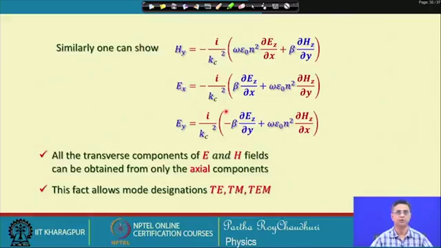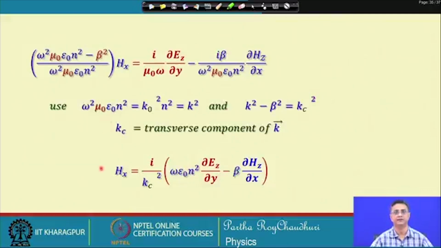Now, one interesting point here is that by doing this we have been able to express the transverse components of the electric and magnetic fields, that is H x, H y, E x, E y, all these 4 transverse components, individually in terms of only the longitudinal components, that is E z and H z, in some form.